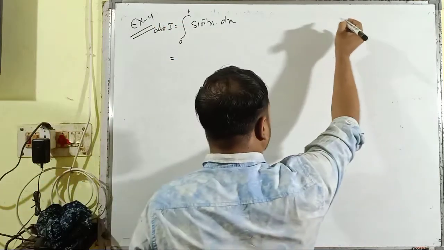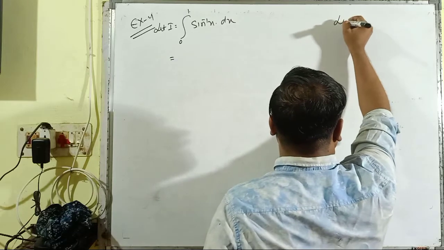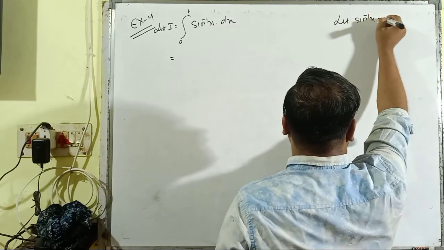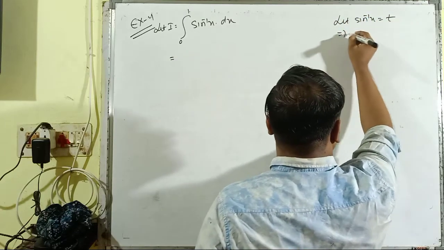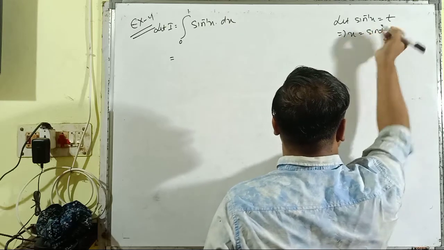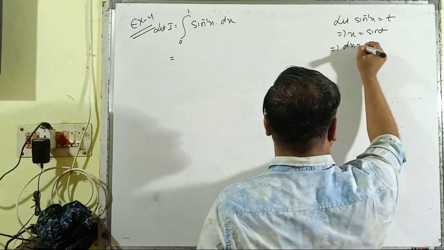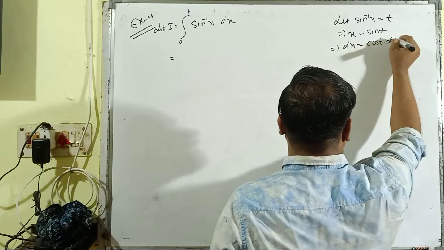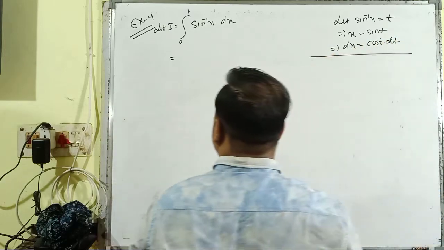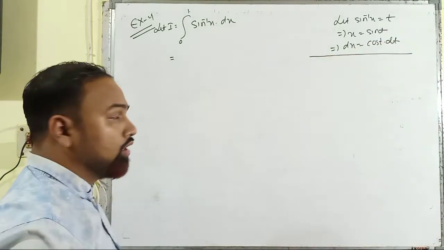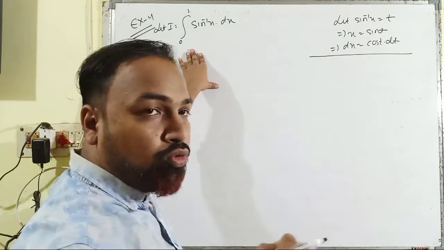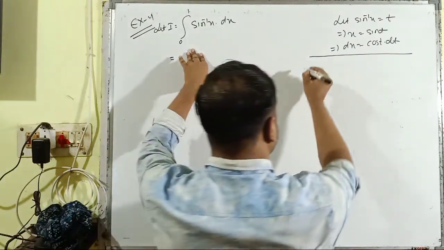Then first of all we have to go for the substitution method. Let sin inverse x be t, then x is equal to sin t, then dx is equal to cos t dt. Then we have to change the lower and upper limits according to the new variable t.